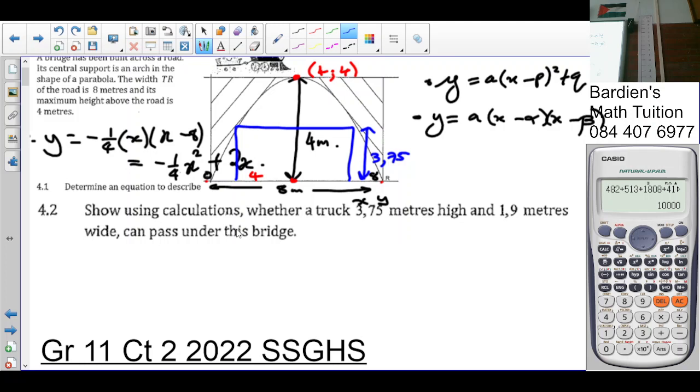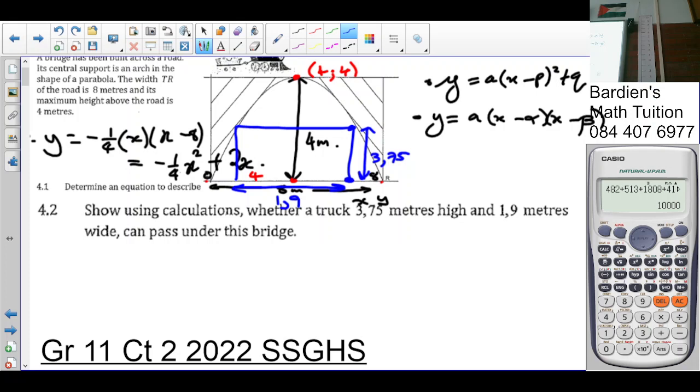The width of the truck from this starting point to that end point there is 1.9. Alright. So I need to know what the x value is at this point, so I can substitute the x value into the parabola.